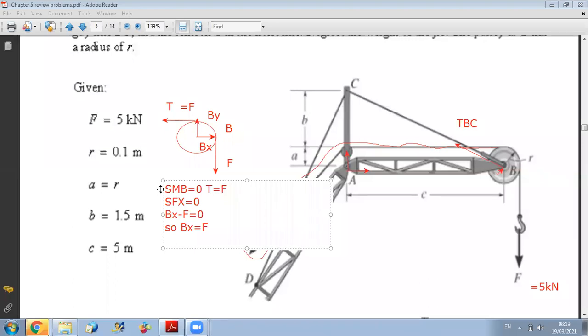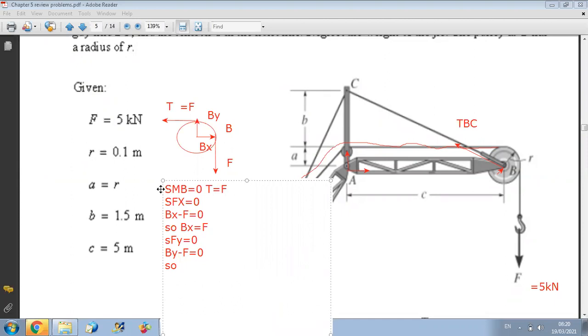If I do sum of y equals 0, I get By minus F equals 0, so By equals F. In this way I got the interaction, the force if you want, of the joint on pulley B.